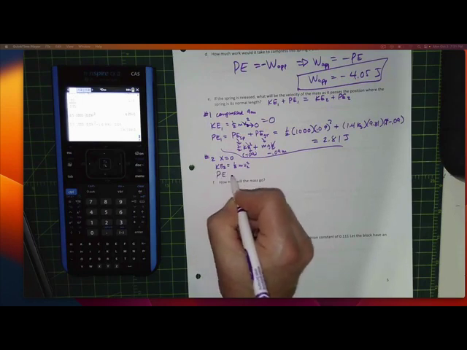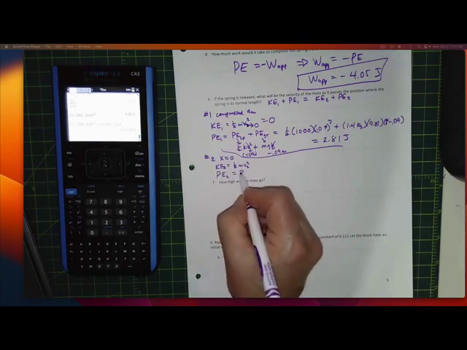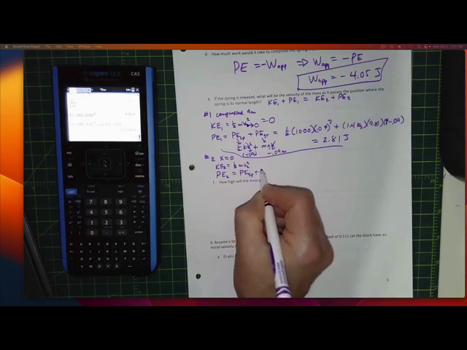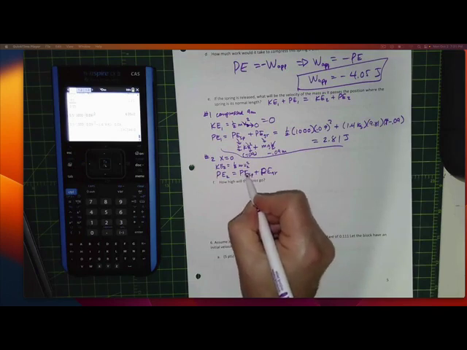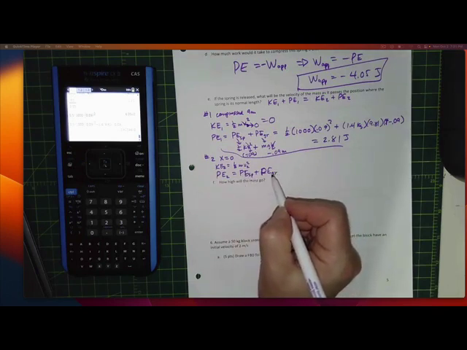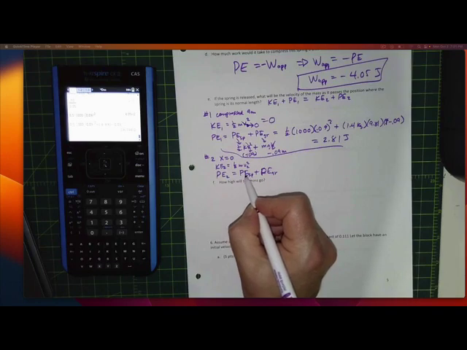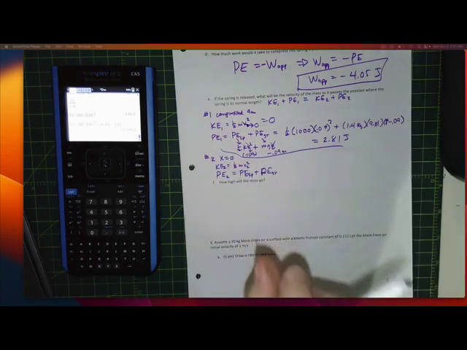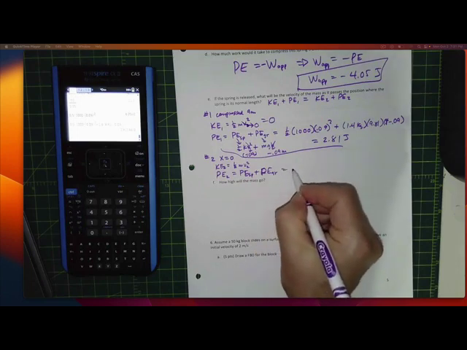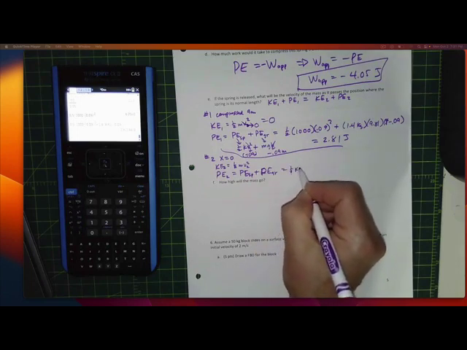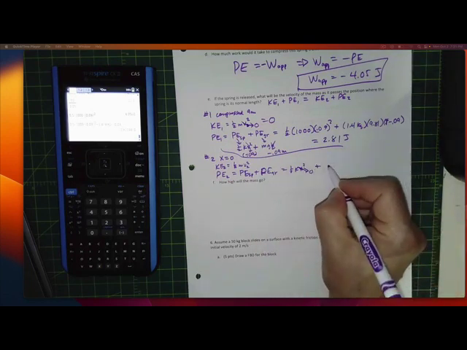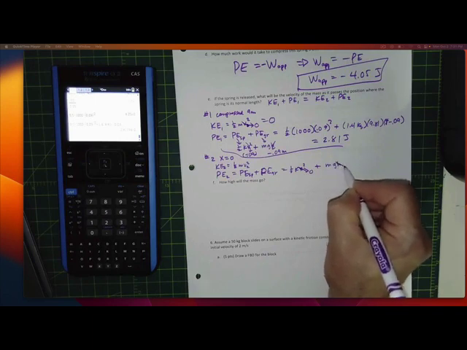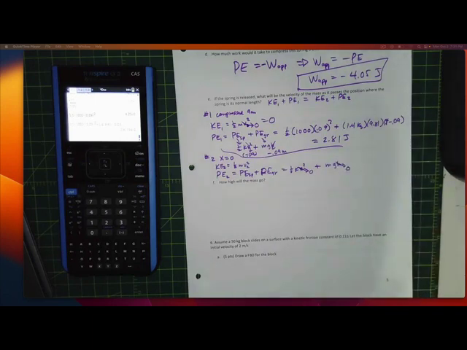Potential energy, condition 2, is the potential energy of the spring plus the potential energy of gravity. At the point where it's just relaxed, the spring is not compressed anymore, so it's 1/2 kx squared, but x is now 0. Similarly for gravity, mgh, but h is also 0 at that point, so the potential energy is 0 for this case.